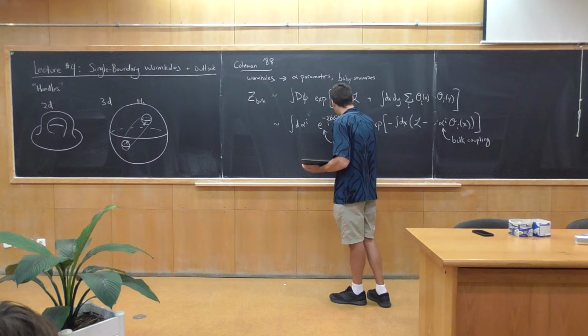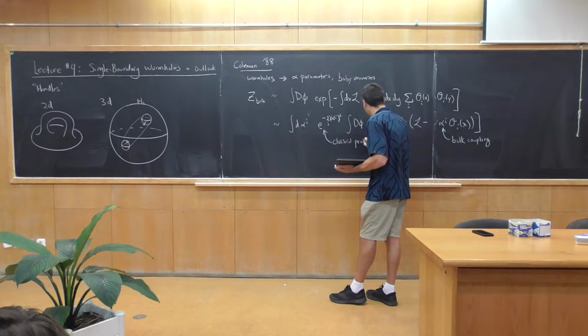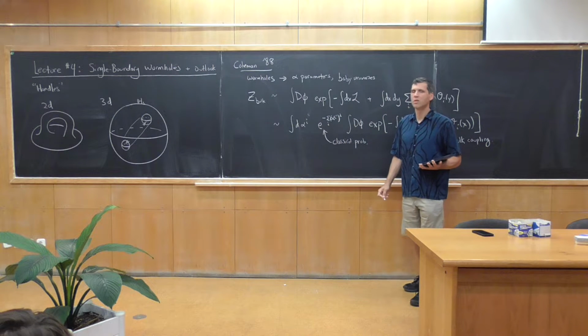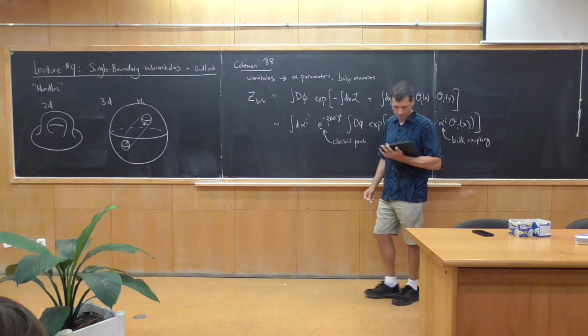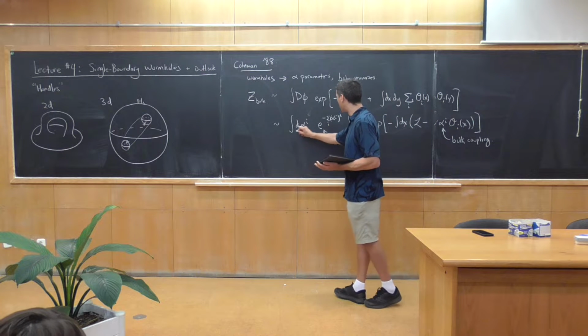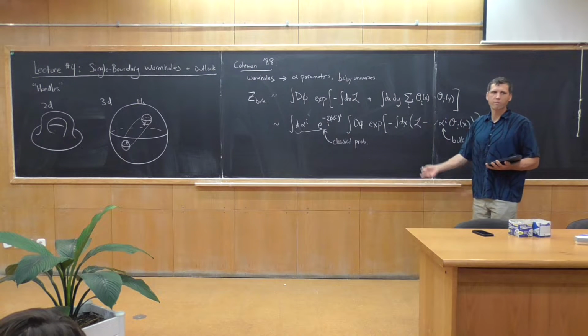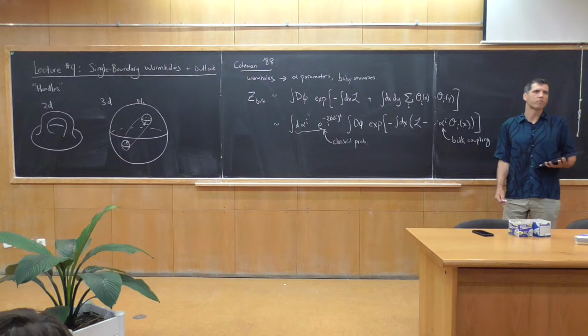So there's a classical probability distribution for the value of that coupling constant that we're integrating over. Now, when you have a classical probability distribution like this, you have two choices.